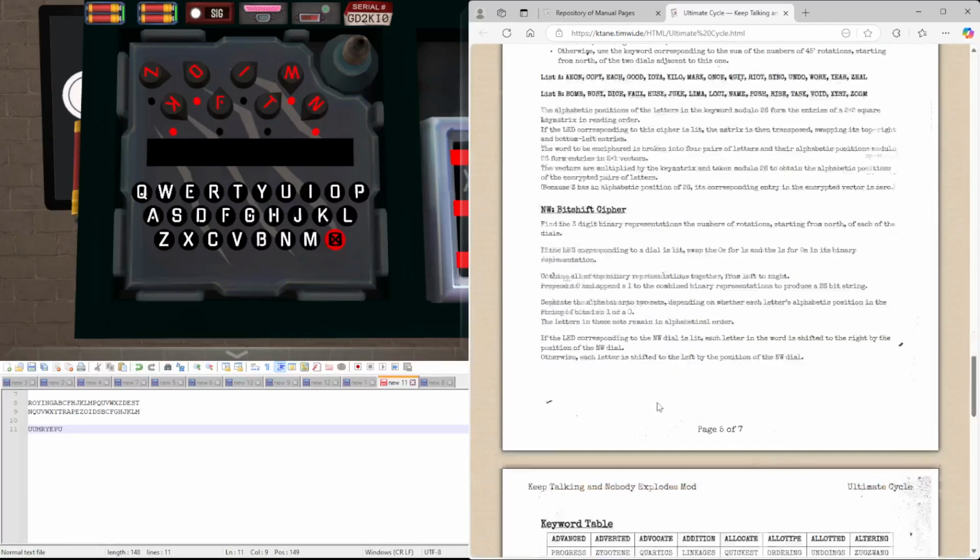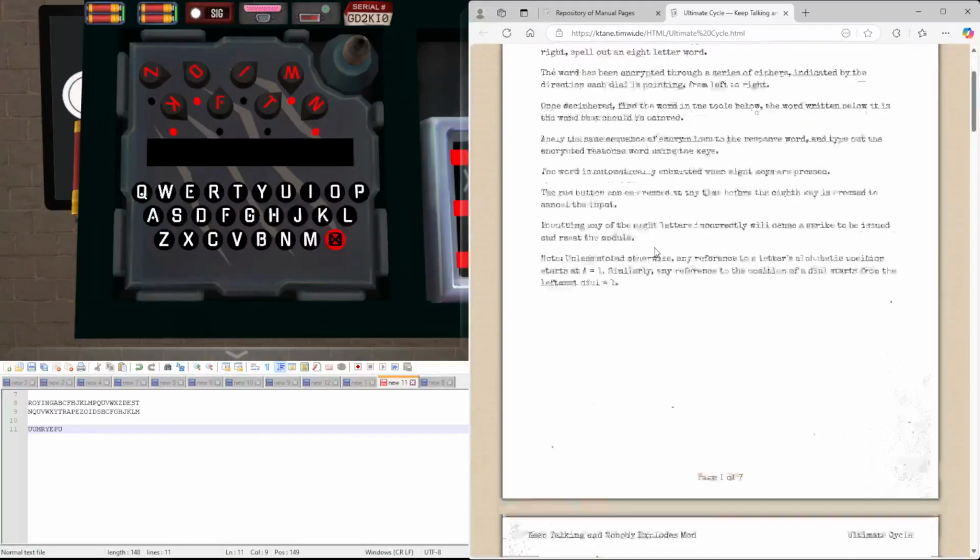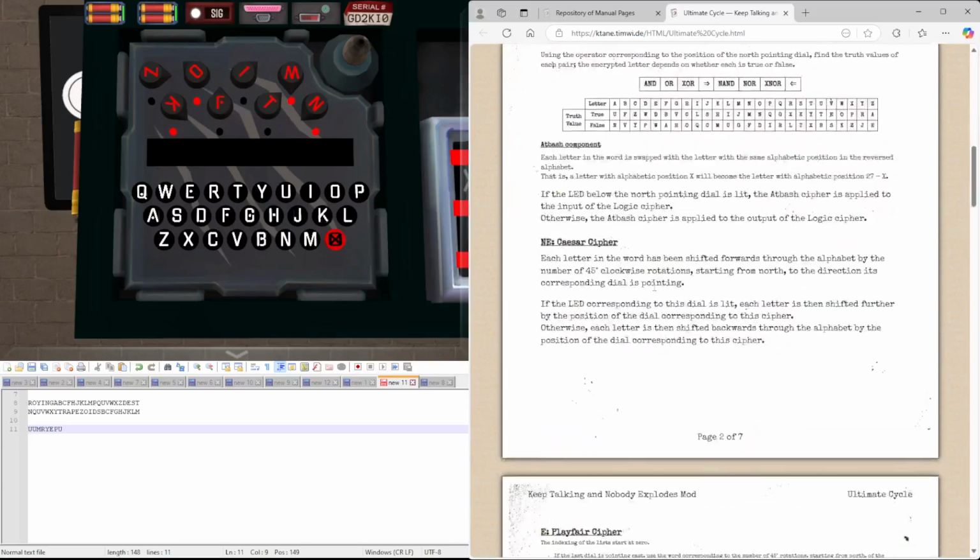So northeast. Caesar. Here corresponding to this die, use the instruction followed by the die corresponding to this.